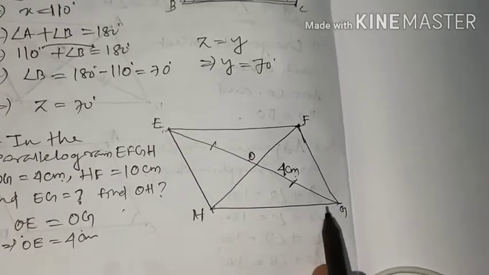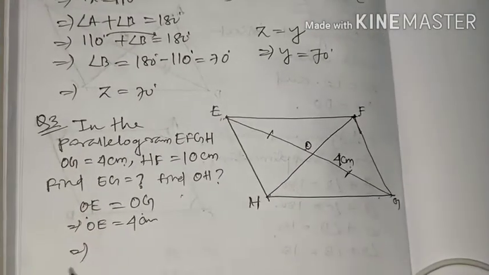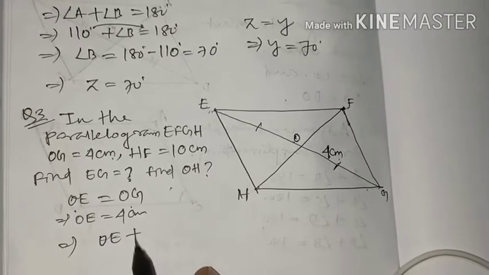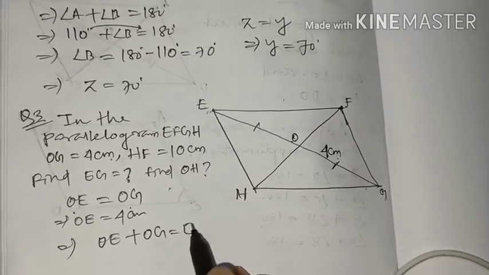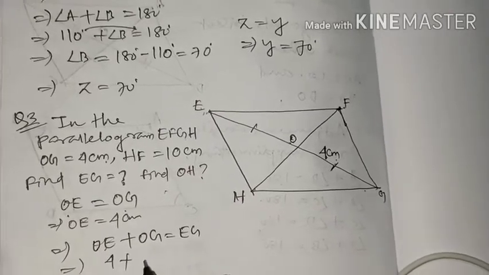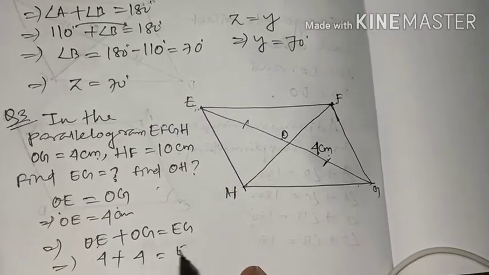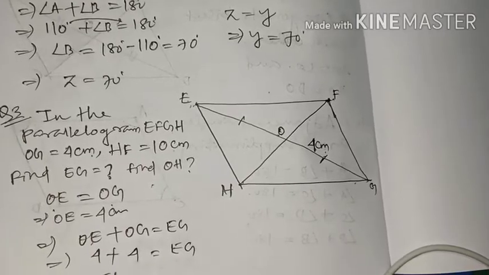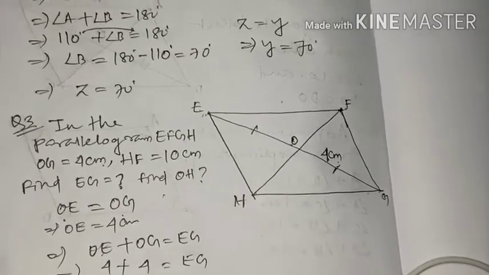And we have to find EG, so you can say OE plus OG is equal to EG. Here OE is equal to 4 centimeter, OG equal to 4 centimeter is equal to EG. We can say EG is equal to 8 centimeter right now.